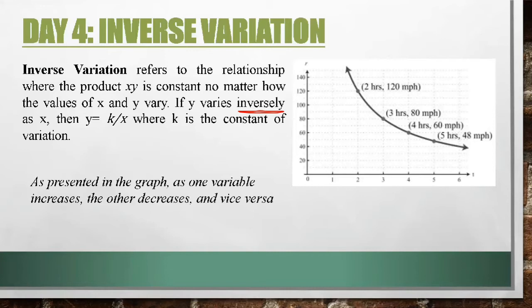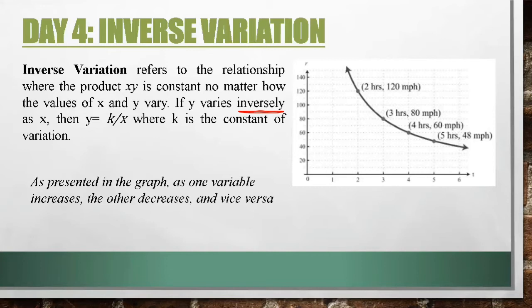But in inverse variation, when we say inverse, no, ibig sabihin, magkaiba siya ng way. Here in the graph, as one variable increases, the other one will decrease. Hindi siya pareha. So, kapag nag-increase yung isa magdi-decrease, and vice versa. Paano po yun? If one decreases, the other variable will increase.